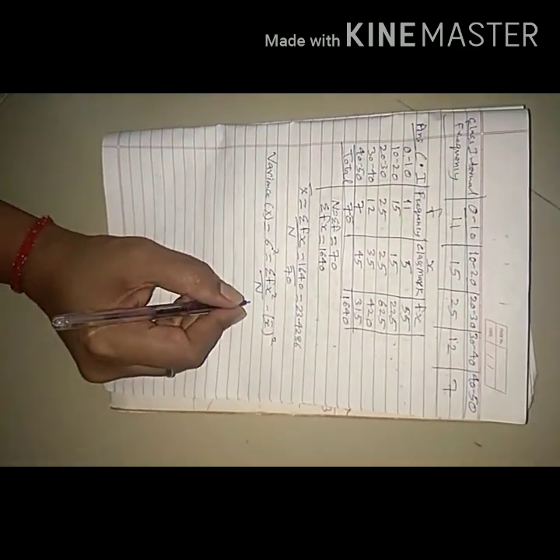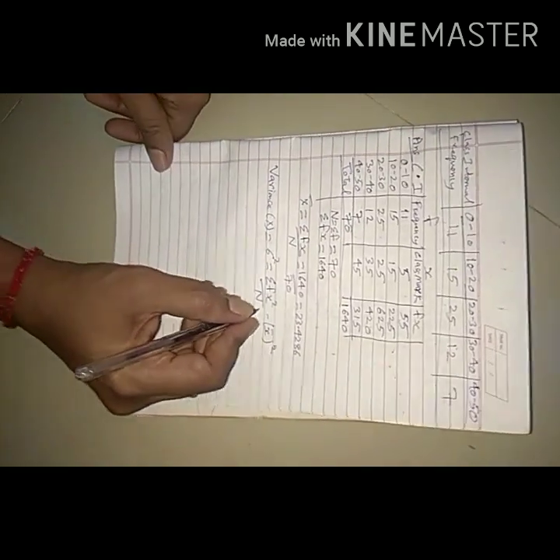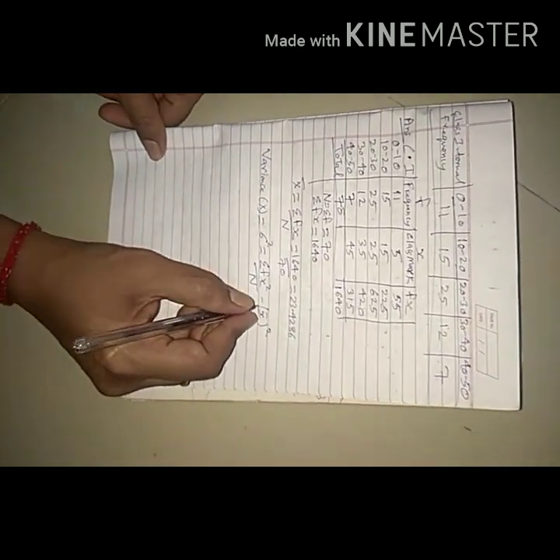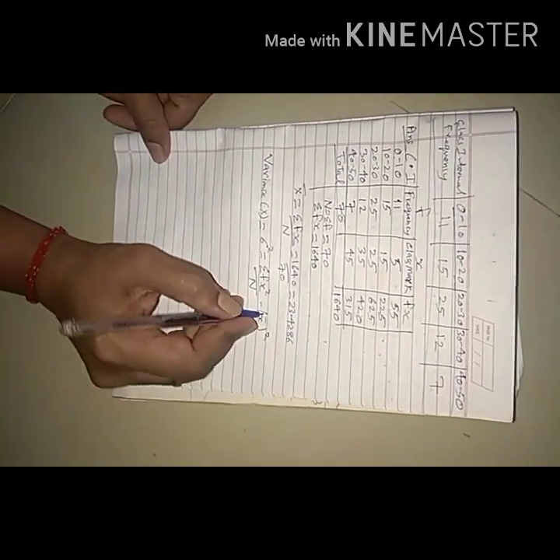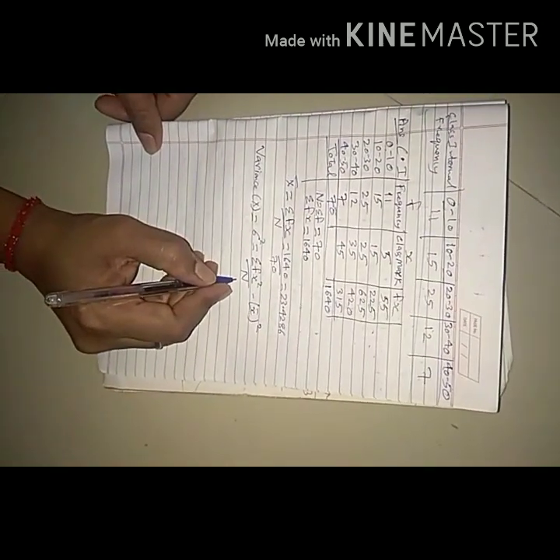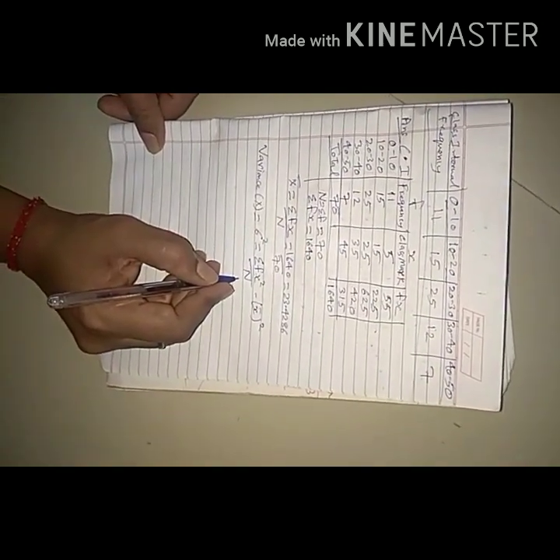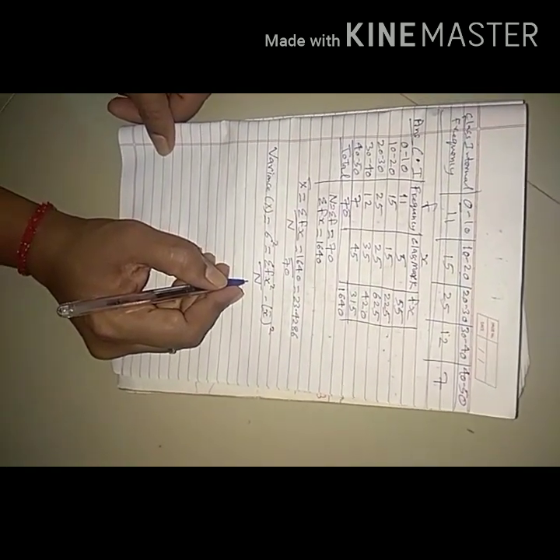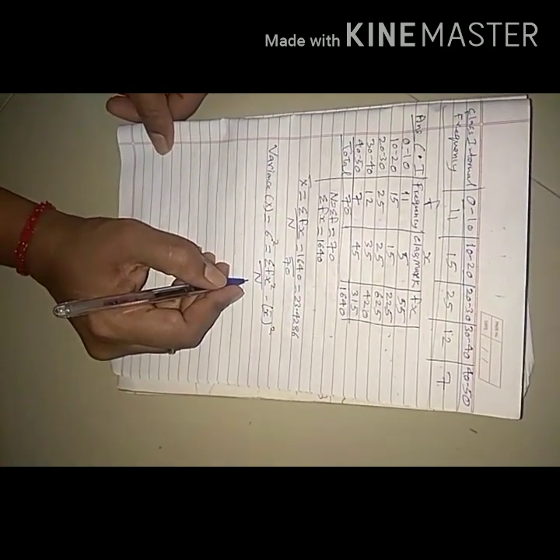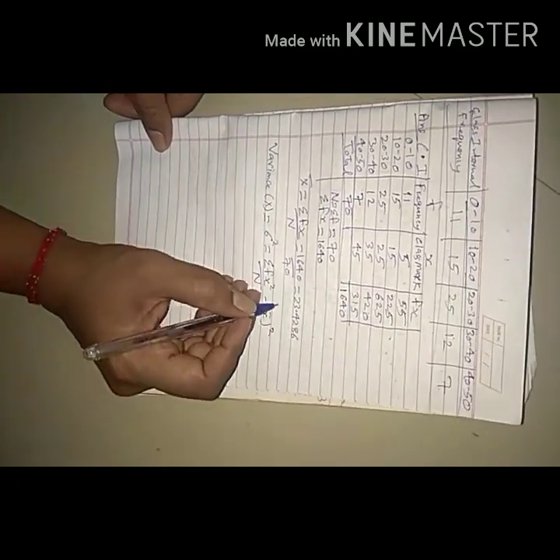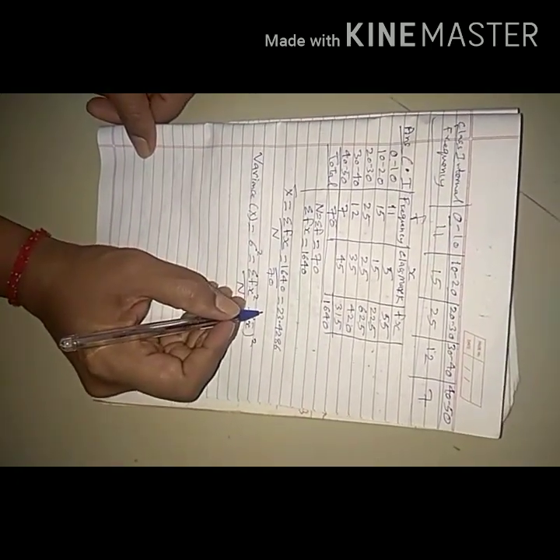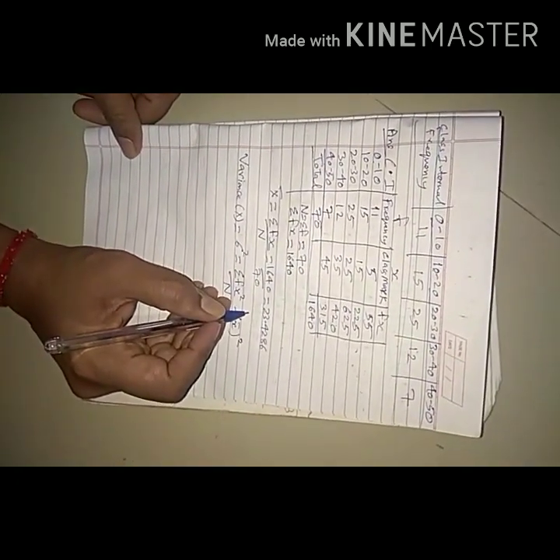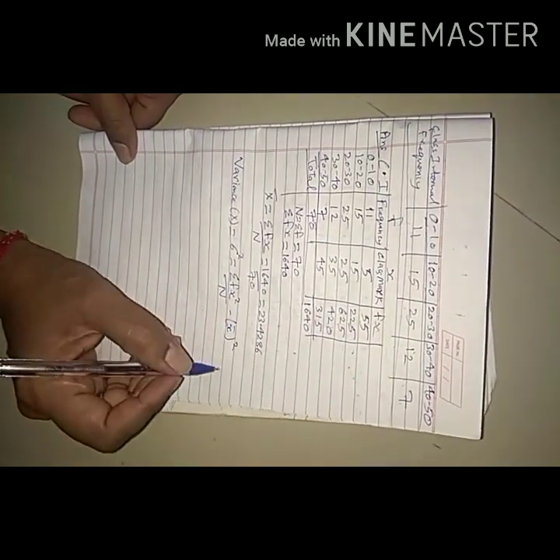Here I am using alternate formula. I have already discussed that when you are having arithmetic mean in decimal value or real value, always go for the alternate formula, so that computation will be easier. You can use any one of the formulas, no problem with that, but it will be easy to solve if you use the alternate formula in case of decimal value for arithmetic mean. But if you get an integer value, go for the first formula only.